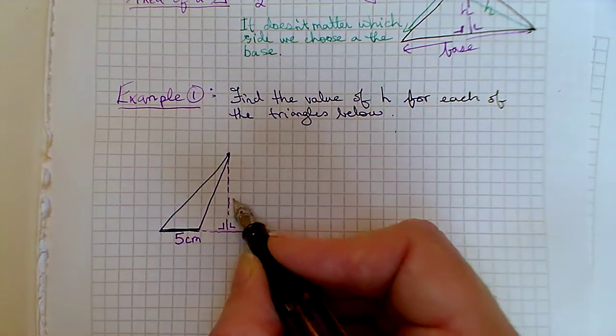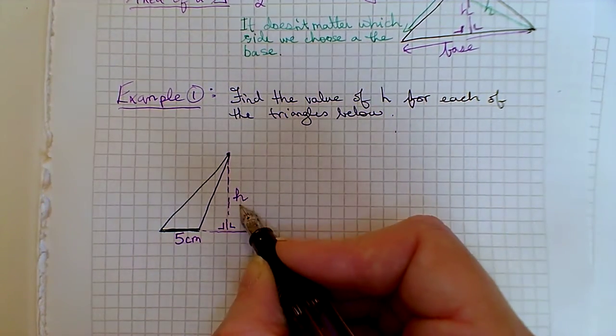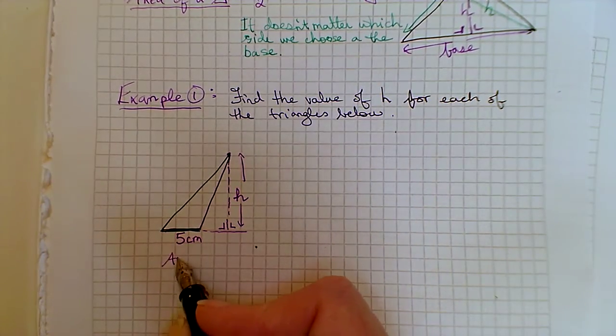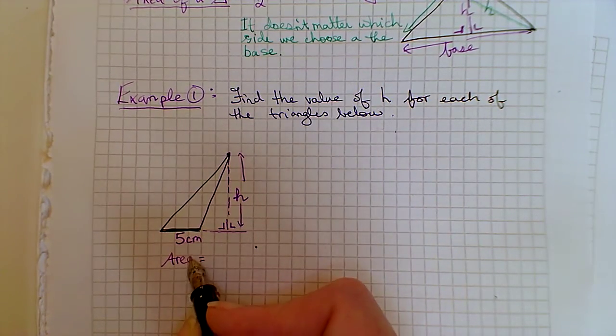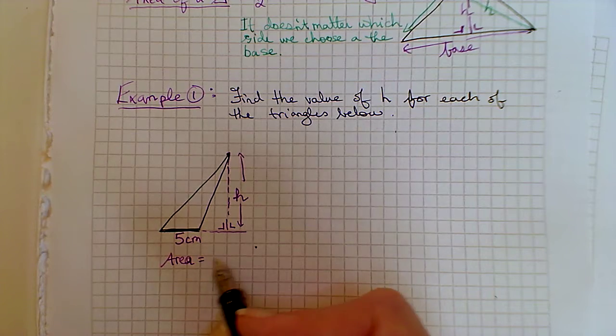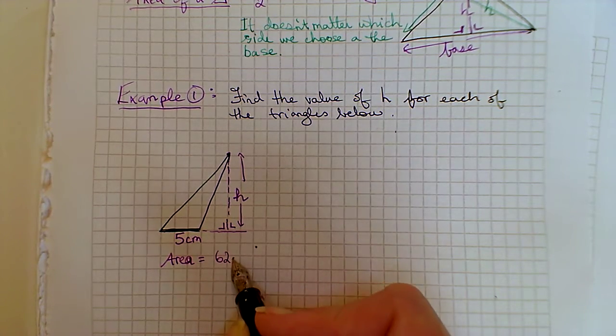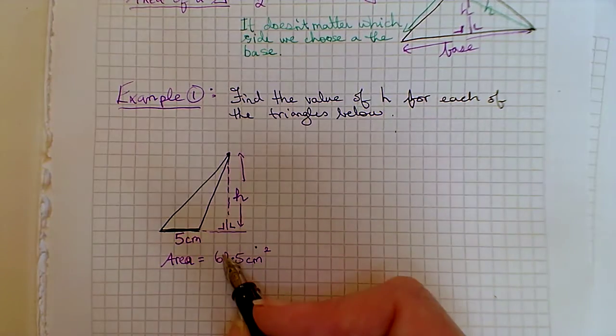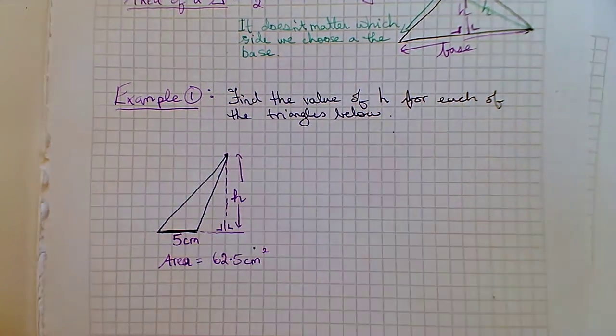It's because of how it's leaning. So we call that h. That's h. And I also know that the area of that triangle is 62.5 centimeters squared. Okay, that's the first triangle.